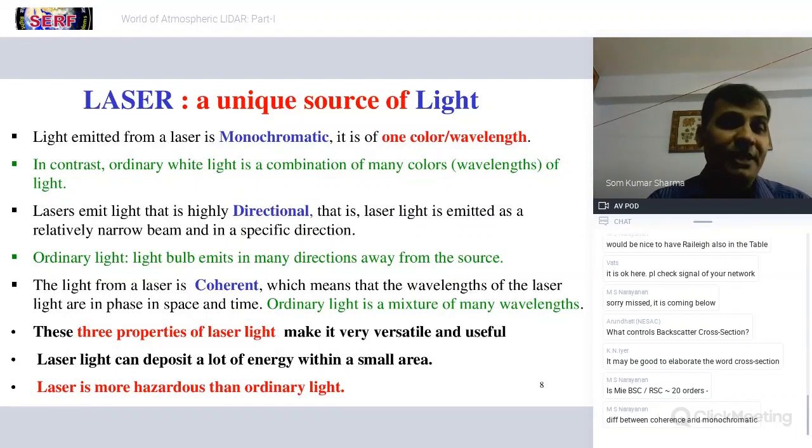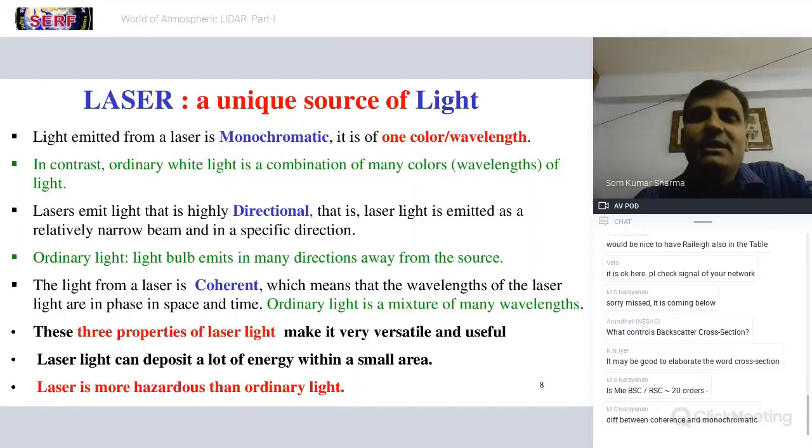Though ordinary light is not so coherent, so directional, so monochromatic, it is not hazardous. So these are the properties of laser. Please keep in mind, due to this, the laser is a very versatile source of light and very effectively it is being used in our LIDAR tools and techniques.